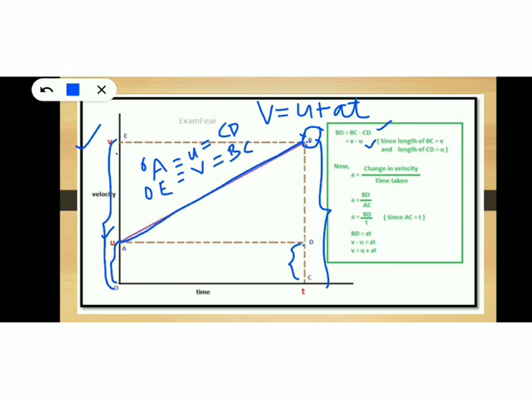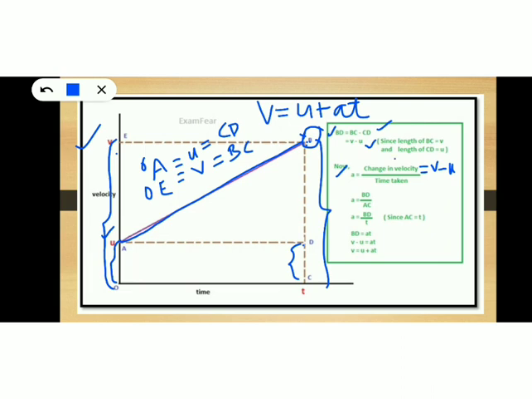Now, what is acceleration? Acceleration is change in velocity by time. From this graph, acceleration A is equal to BD by AD. Why? Because change in velocity is V minus U, and from the expression we got BD is equal to V minus U. So instead of V minus U, you can write BD.